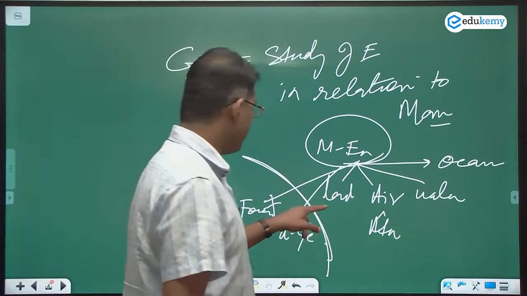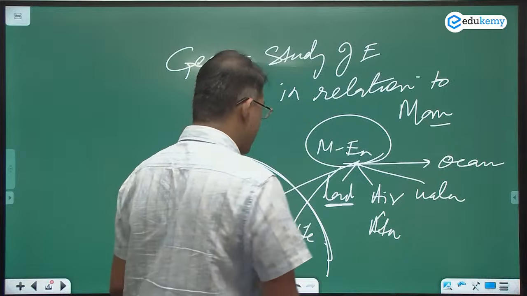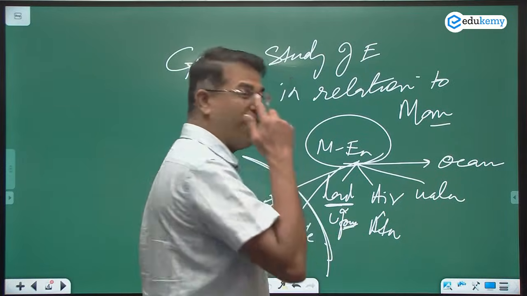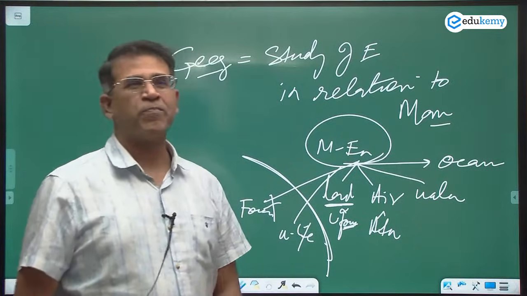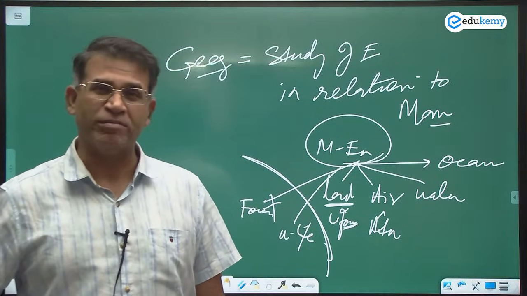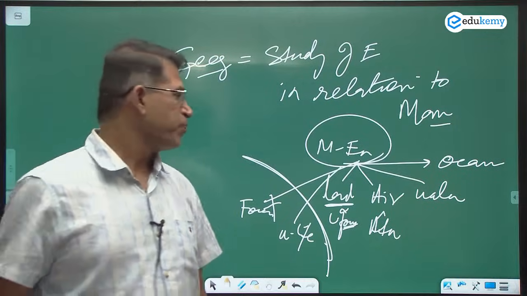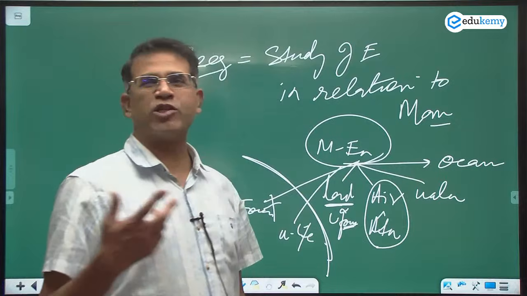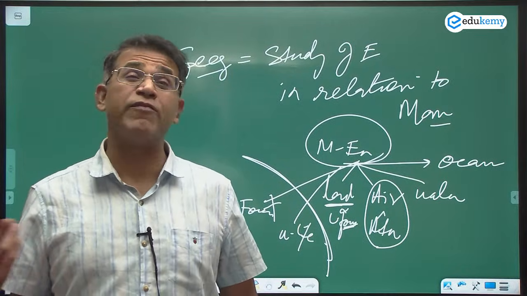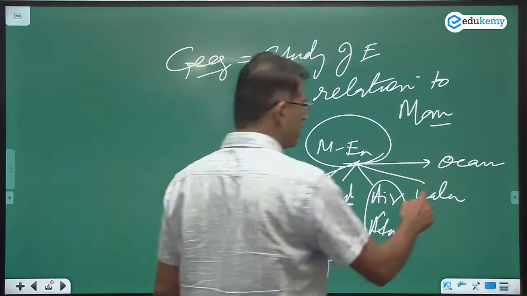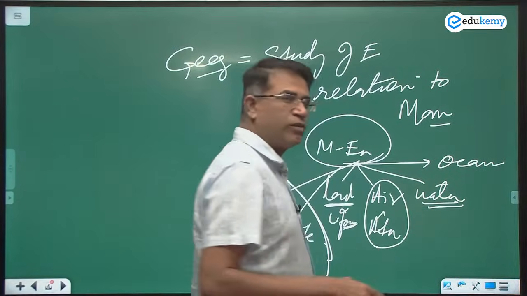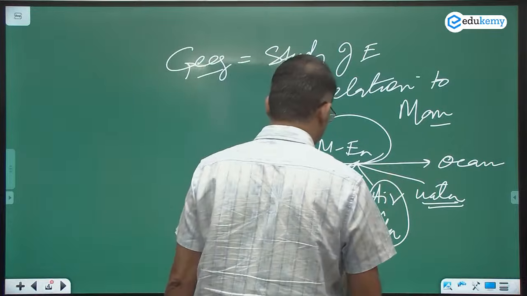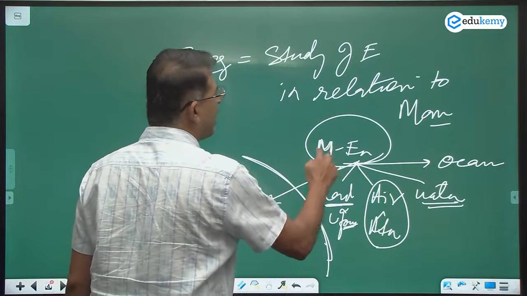We have land and landforms, mountains, valleys, plateaus. Land is volcanism, land is earthquakes. Atmosphere: winds, pressure, temperature, clouds, rainfall. Water: rivers, groundwater, oceans. और man कैसे interact करता है?